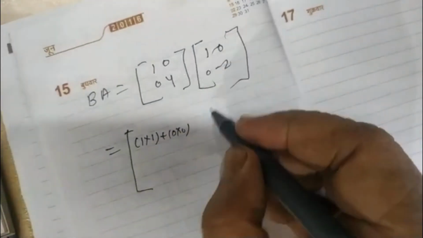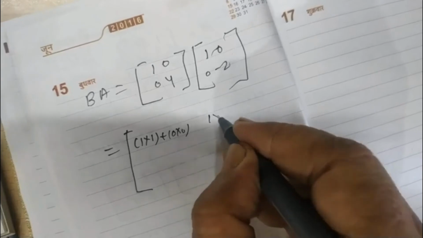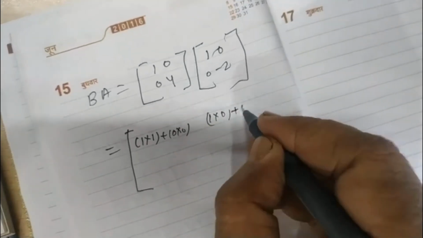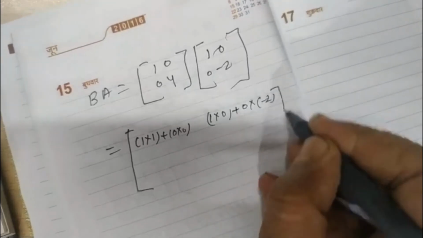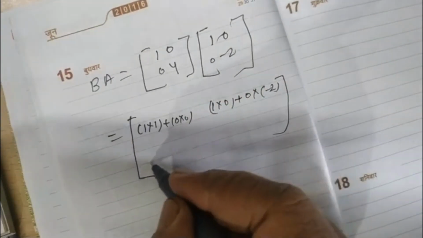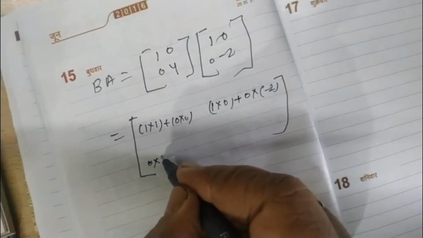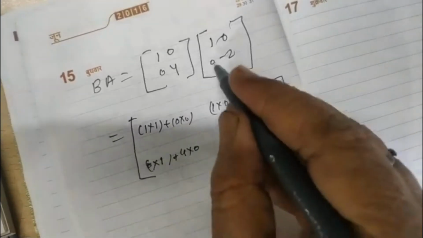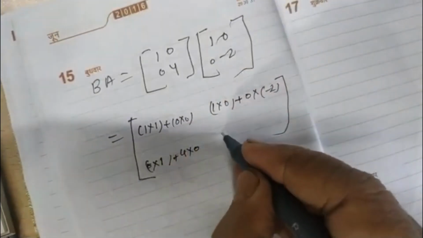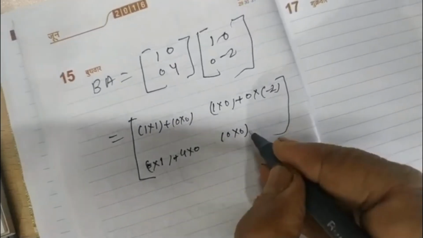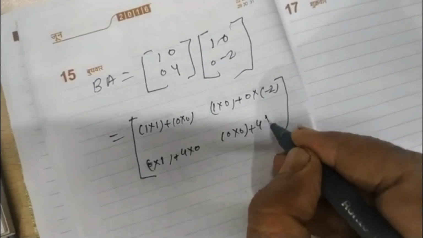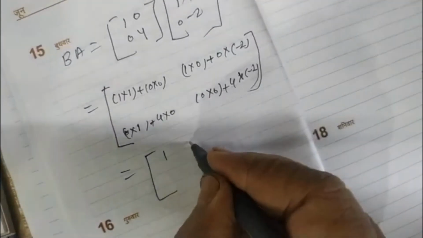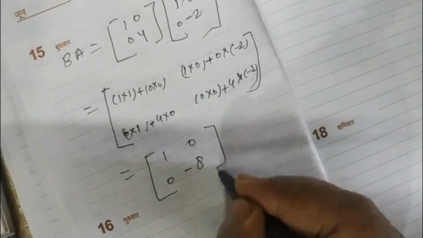First row, second column, 1 into 0 plus 0 into minus 2. And second row, first column, 0 into 1 plus 4 into 0. Second row, second column, 0 into 0 plus 4 into minus 2. We'll find 1 0 0 minus 8.